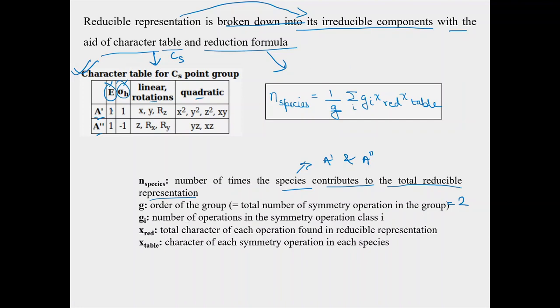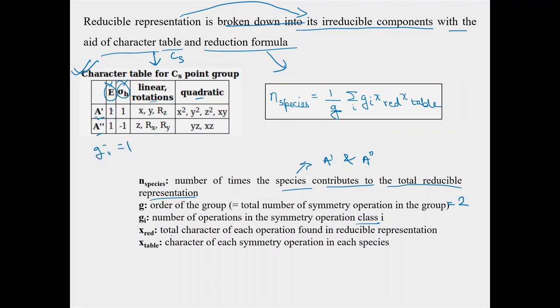What is g i? It is the number of operations in the symmetry operation class i. So this is one class and this is another class. For some point groups, like D4h, there might be a prefix in front of these operations as well. So g i denotes that, but in this case, for both classes, g i is 1 only.